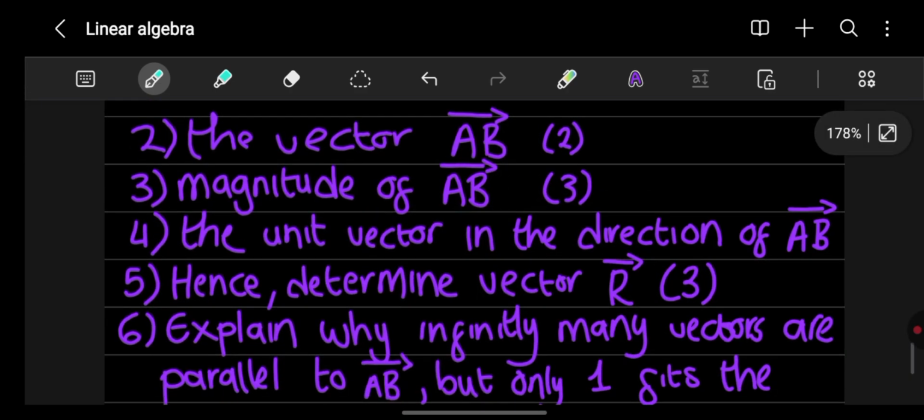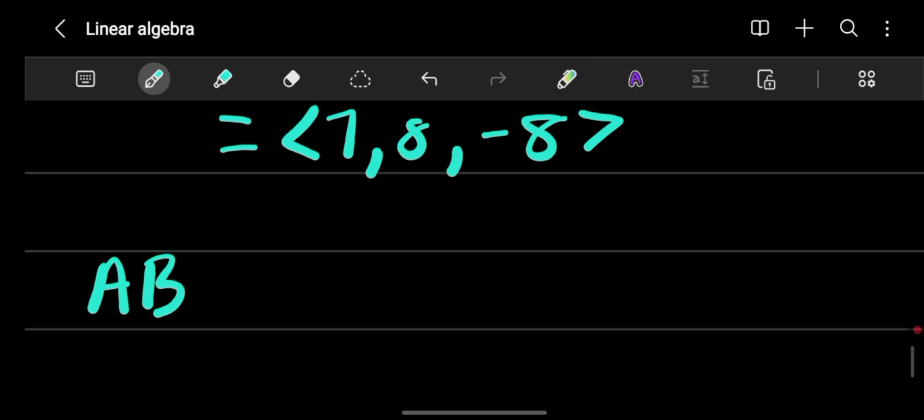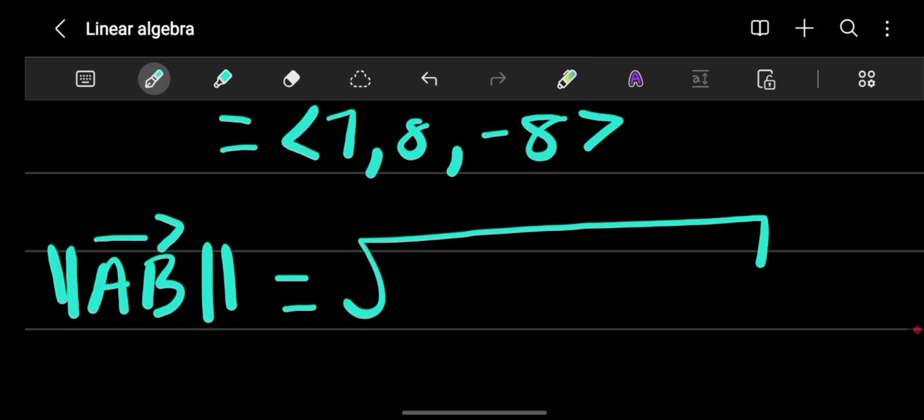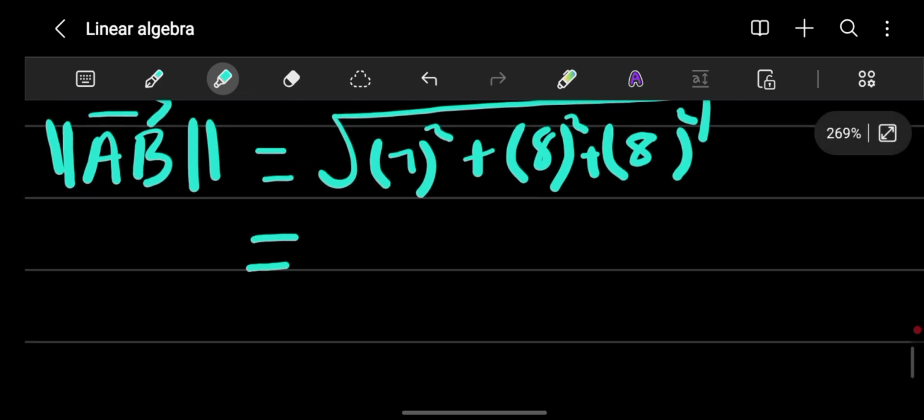And then they're saying to us, find the magnitude of AB. AB's magnitude would be 7 squared plus 8 squared plus minus 8 squared. Remember, negatives don't really matter inside if you're dealing with a squared, right?